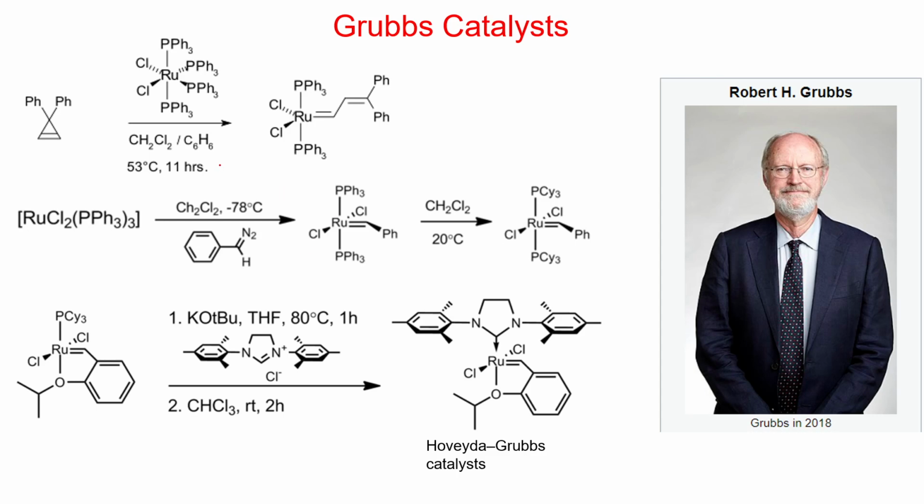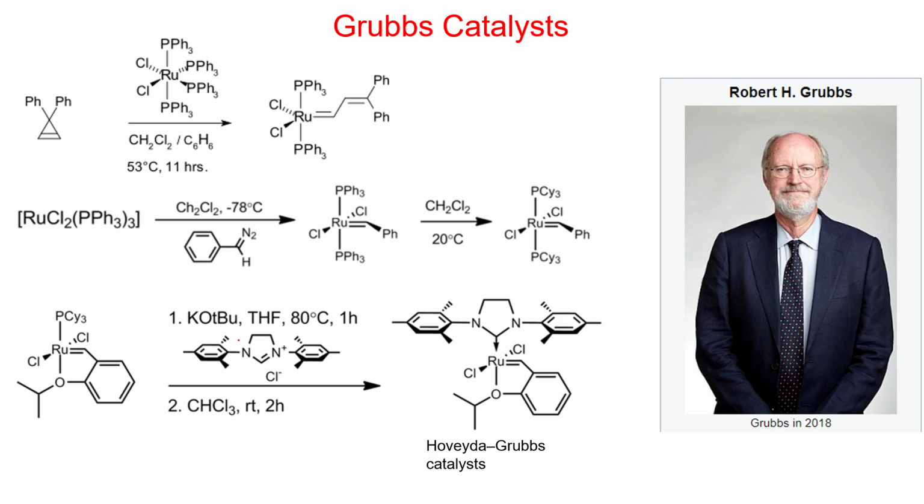With this, it is reacted with cyclopropene, and ring opening leads to formation of this product, and that's the initial example of this kind of Grubbs catalyst. And with this kind of azo compound, this can be easily synthesized.